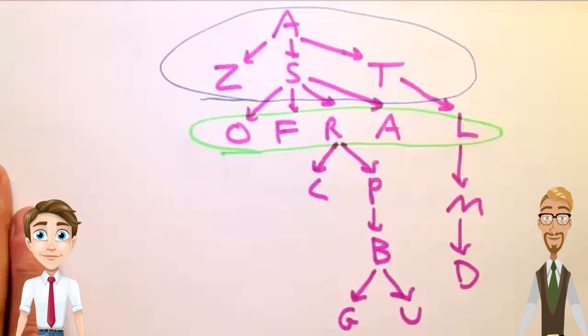The root is A. A has 3 children, Z, S, and T. S has 4 children, O, F, R, and A. R has 2 children, L and P. P has 1 child, B. B has 2 children, G and U. L has 1 child, M. M has 1 child, D. Now the frontier contains O, F, R, A, and L. And the explored set contains A, Z, S, and T. The rest are the unexplored set.